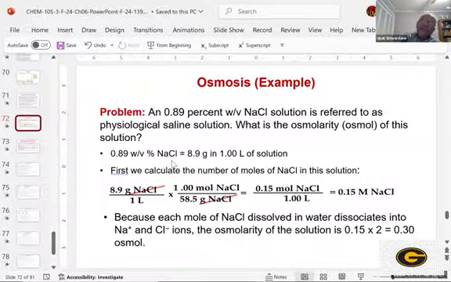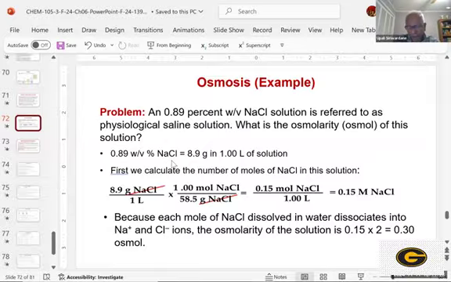This is weight by volume percent. How do you get the molarity of the sodium chloride? Normally weight by volume percent multiplied by 10: 0.89 multiplied by 10, you get 8.9. That means 8.9 grams in 1 liter of solution.